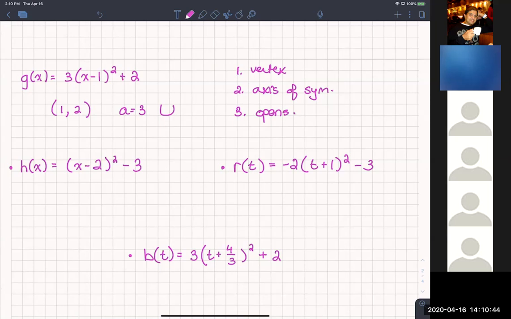Can anyone tell me what the vertex is on the first one? What's my vertex? Mr. Jackson, what's my vertex? Okay, so what is h here?